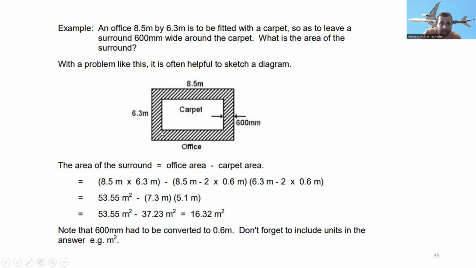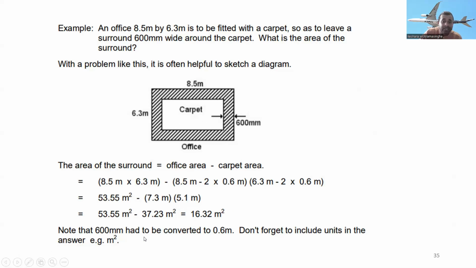Because there are two places, here and here, right? The whole room area is 53.55 square meters, and the carpet area is 7.3 meters times 5.1, which is 37.23 square meters. Then 53.55 square meters minus 37.23 square meters equals 16.32 square meters. Okay, you can go through this one.